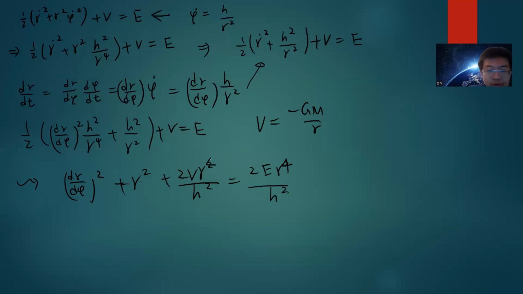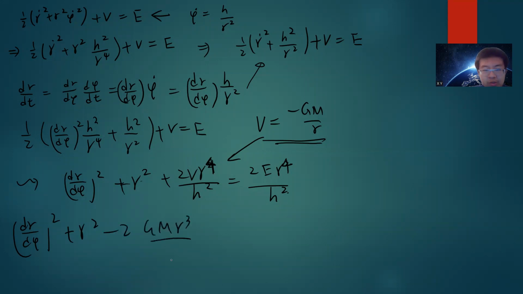So this is r to the fourth, right? Because I multiply by r to the fourth to cancel this. Okay, so now I can replace this. So from here, we get (dr/dphi) squared plus r squared minus 2GM r cubed divided by h squared equals 2E r to the fourth over h squared.